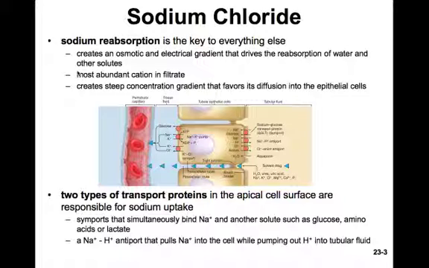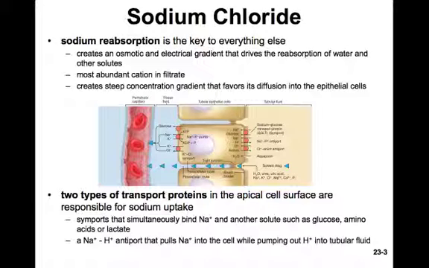So there are two types of transport proteins that we're going to examine at the apical surfaces of the cell. The apical surface is here on the tubular fluid side. First of all, we're going to see symports such as the sodium and glucose transport protein here. The sodium and glucose transport protein is a symport because it's transporting two things in the same direction.